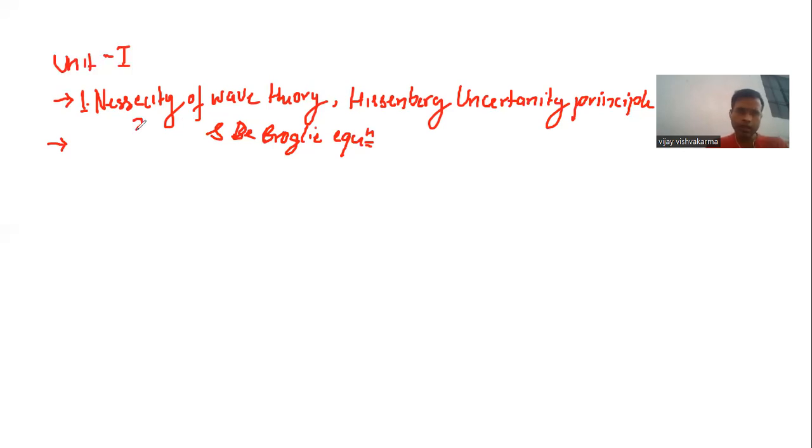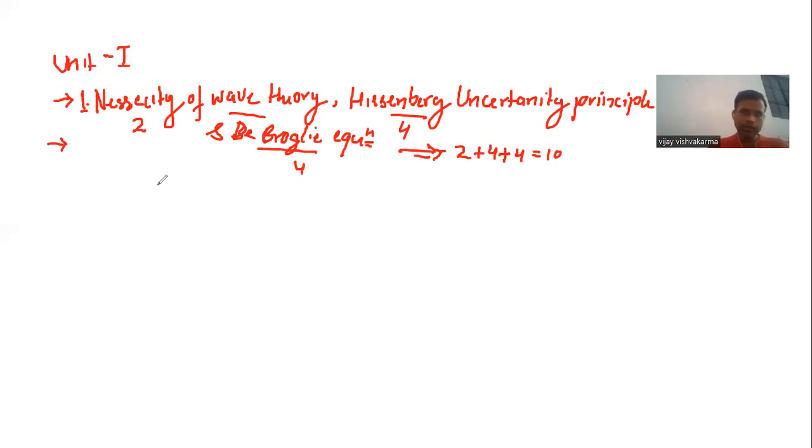I think this will get 2 weightage, this will get 4 weightage, and this will get 4 weightage. So all make up 2 plus 4 plus 4, that will be the 10.